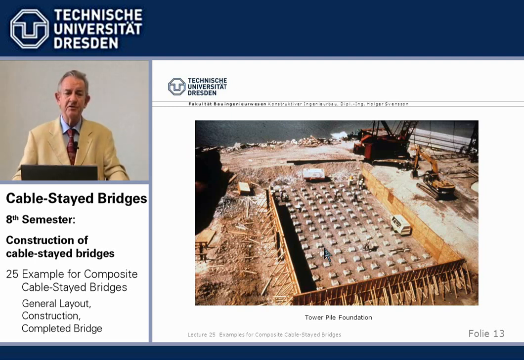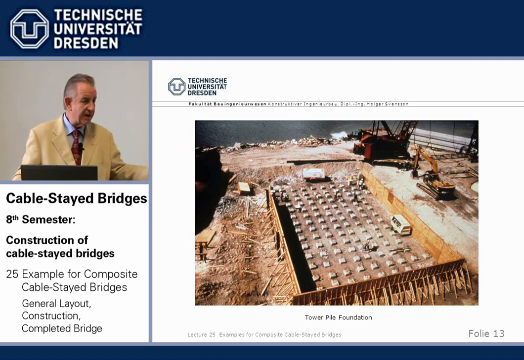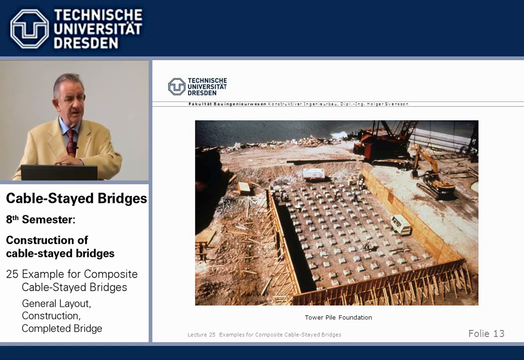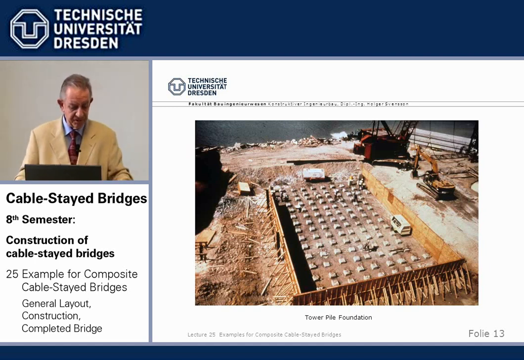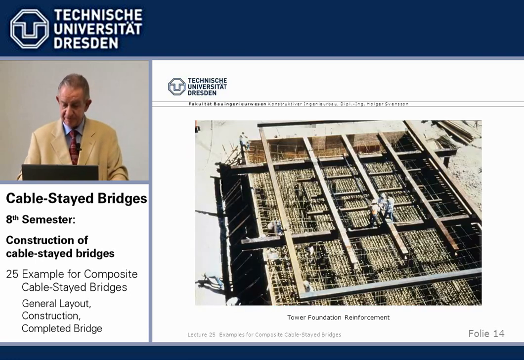And we could load each pile with 200 tons, and that then gave this type of foundation. We have here an advantage of the lighter steel composite deck against the heavier concrete deck. With bad foundation conditions, a lighter beam pays in savings in the foundation. So that was one advantage here.